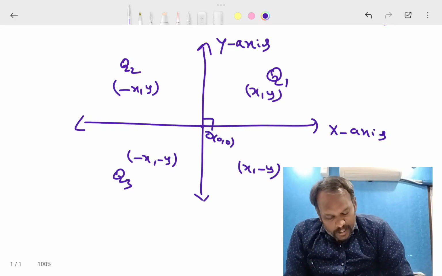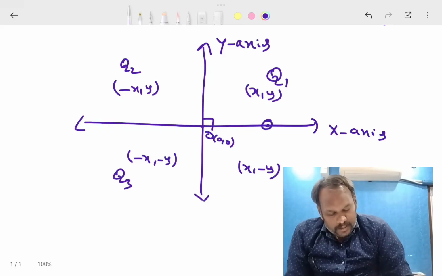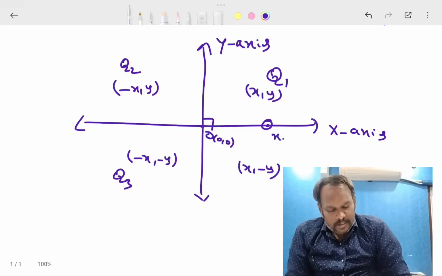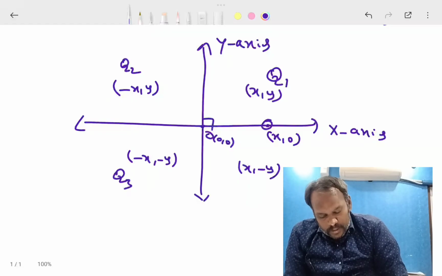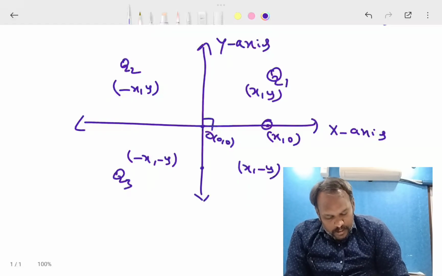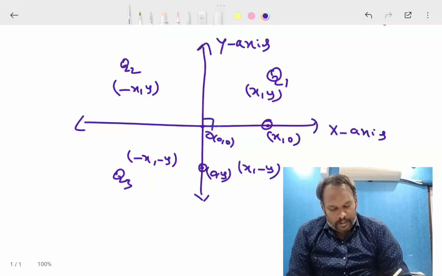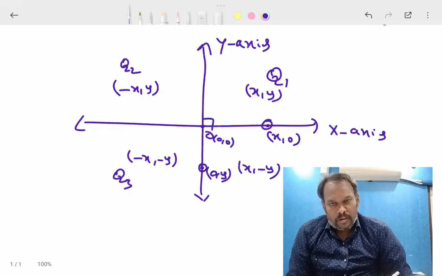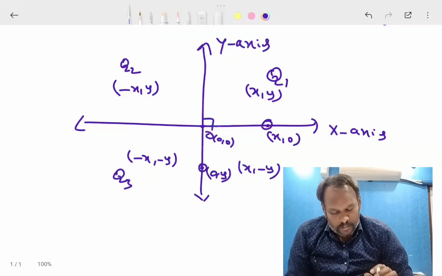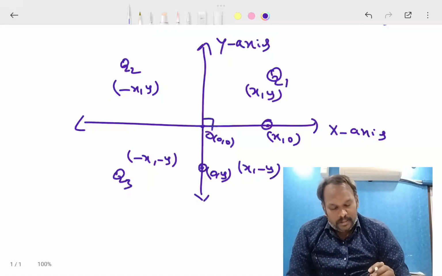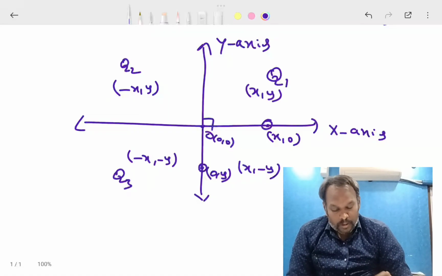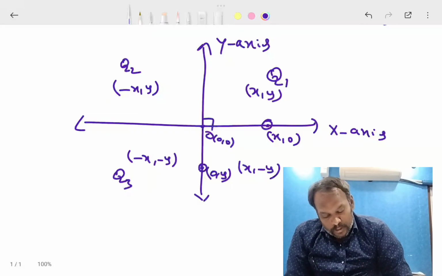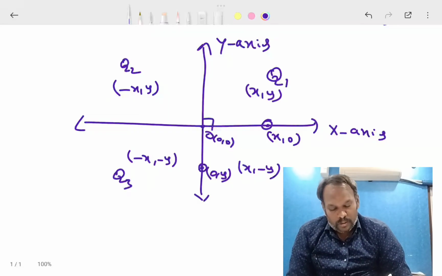If any point lies on the x-axis, the general point on the x-axis is (x, 0). Very important, try to remember. The general point on the y-axis is (0, y). Whether it is positive or negative, generally we will take the point on the x-axis as (x, 0), the point on the y-axis as (0, y), and the origin point coordinates are (0, 0).